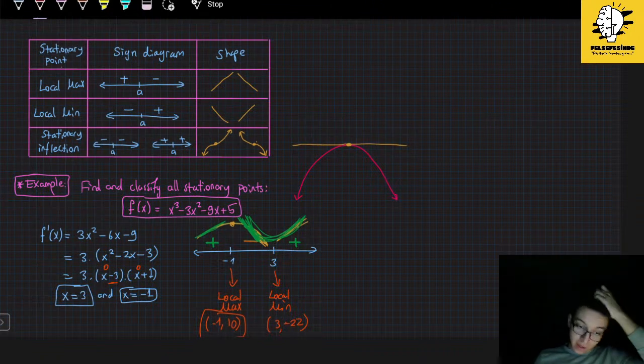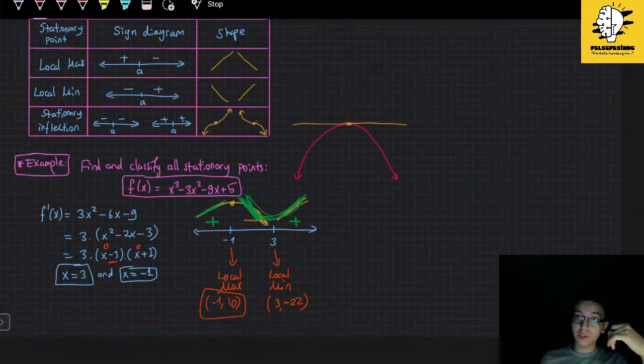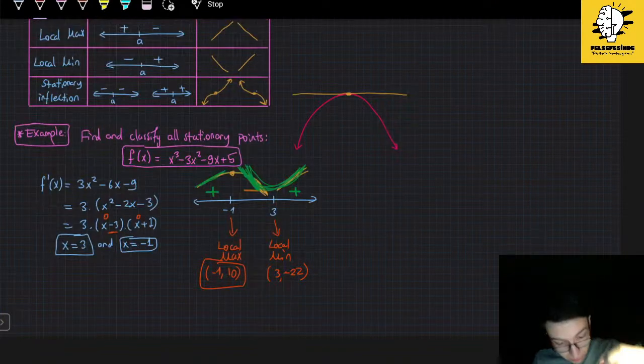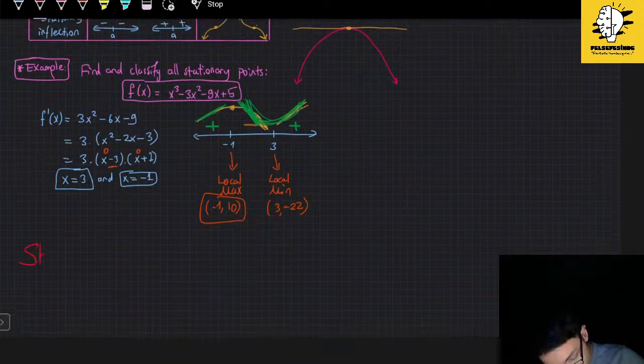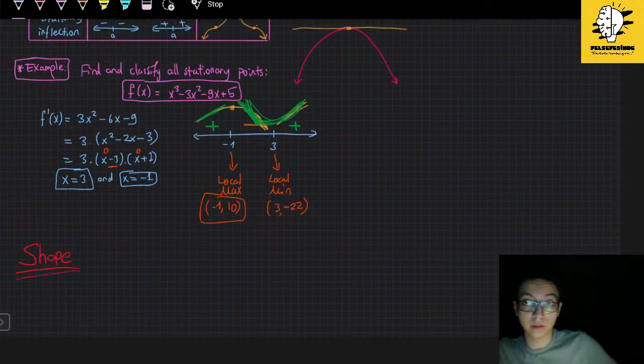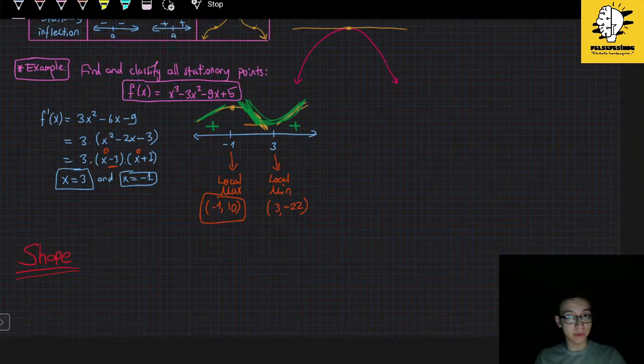So, again, I mentioned how we can determine the shape by using the first derivative. Now I will move on to shape, and I will mention the second derivative and how it is used. I was talking to you about this while explaining the concept of higher derivatives.